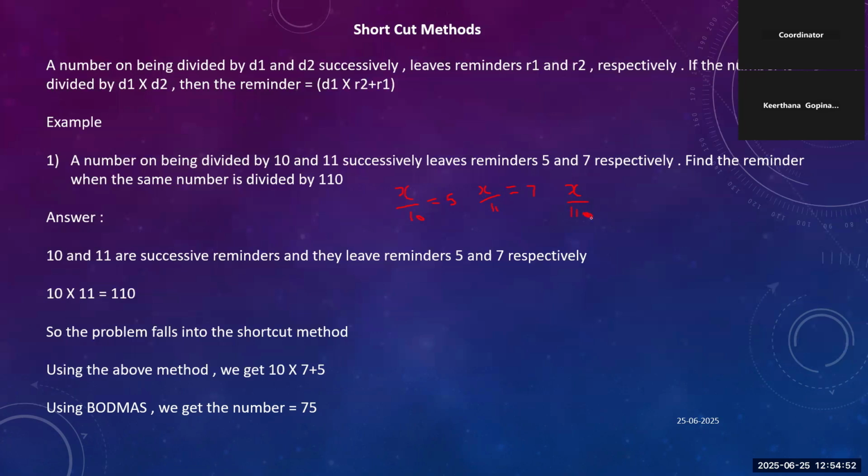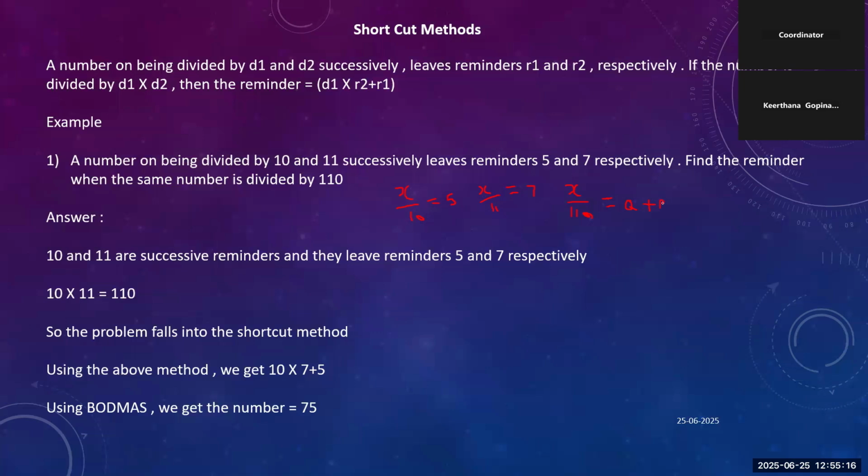If we have to find the remainder, you have to find the quotient, then only you get the remainder, right? Yes, sir. So this number is not completely divisible by 110, you will get a remainder also.